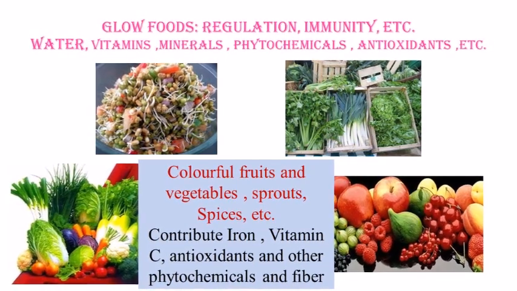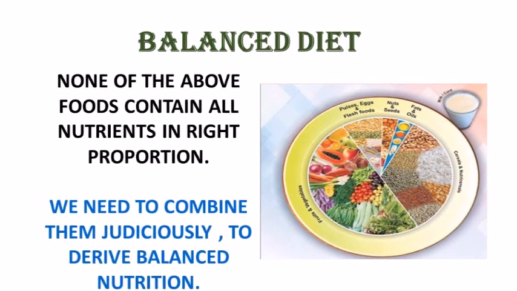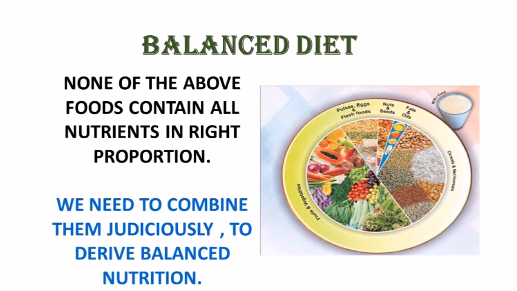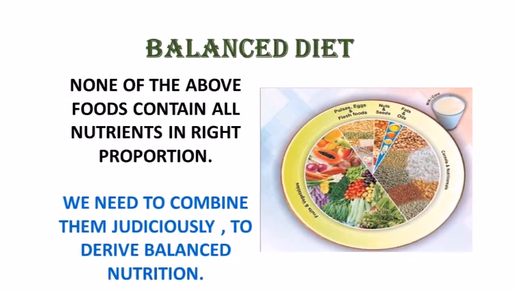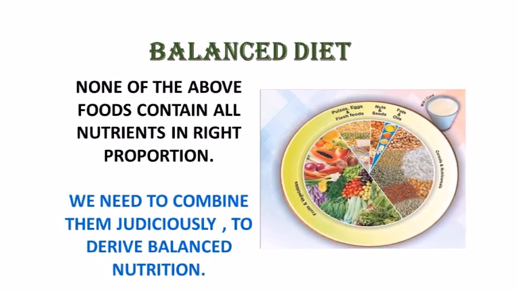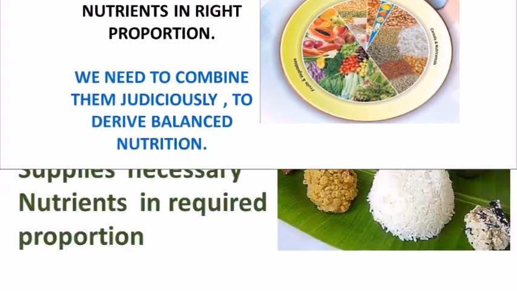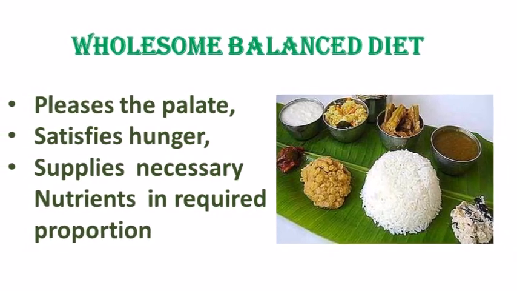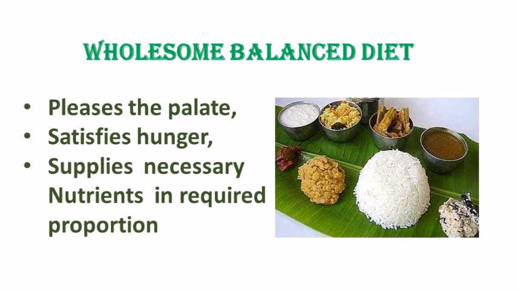These food groups have combination of different nutrients, but none of the above group contains all nutrients in right proportion. So we need to combine them judiciously to derive balanced nutrition. We need to think about a proper planning in order to get the balanced meal that pleases the palate, satisfies the hunger, and provides all necessary nutrients in the right proportion.